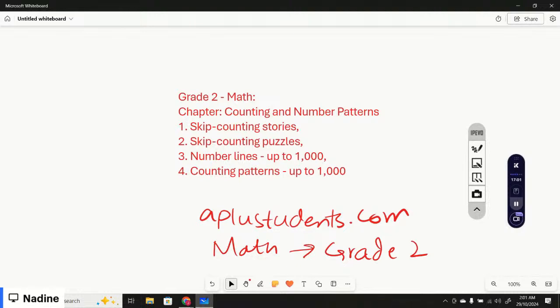There you can find a list of the chapters. We're going to start with the chapter counting and number patterns. The lessons we're going to cover today are skip counting stories, skip counting puzzles, number lines up to 1000, and counting patterns up to 1000.